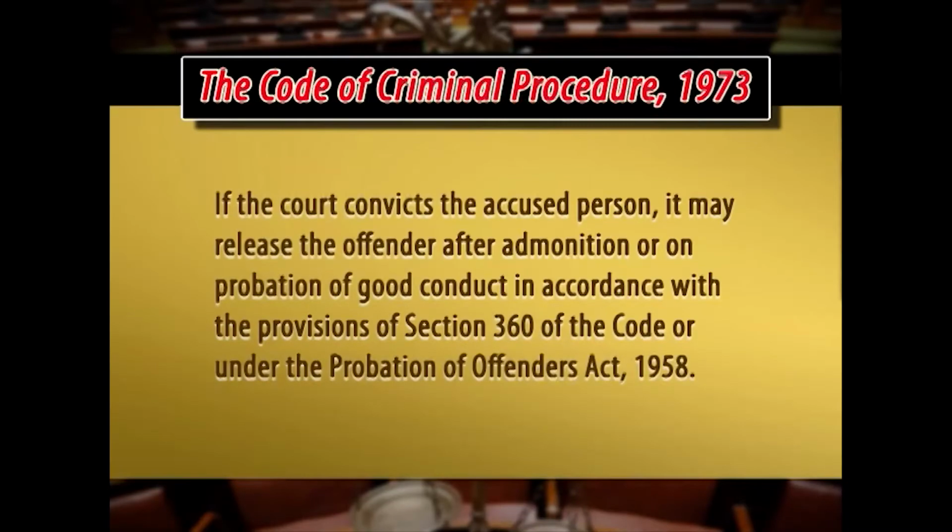After hearing the final arguments, the court shall give the judgment in the case, and the accused will either be convicted or acquitted. If the court convicts the accused person, it may release the offender after admonition or on probation of good conduct, in accordance with the provisions of Section 360 of the code or under the Probation of Offenders Act, 1958.